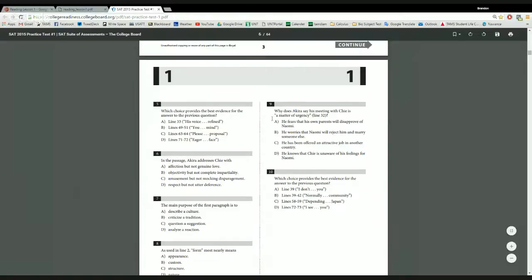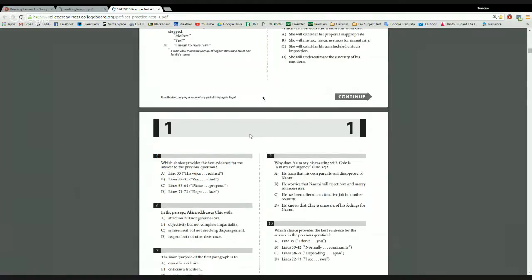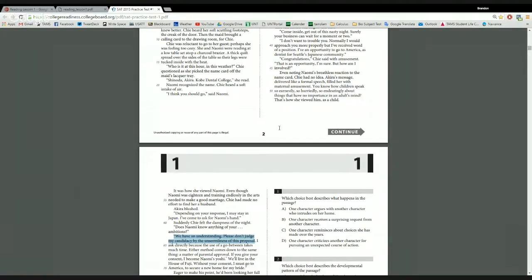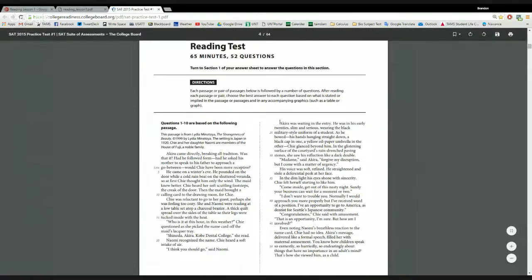So number 6, in the passage, Akira addresses Chi with affection but not genuine love. You can't really see emotions again. You can actually see some examples of how he reacted to her. He bowed, he called her madam.